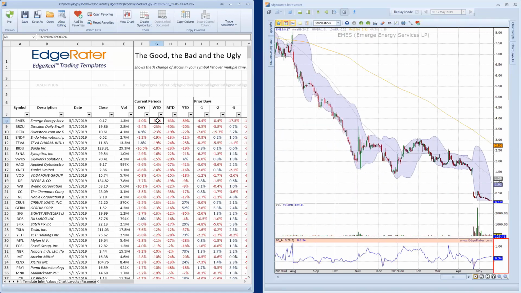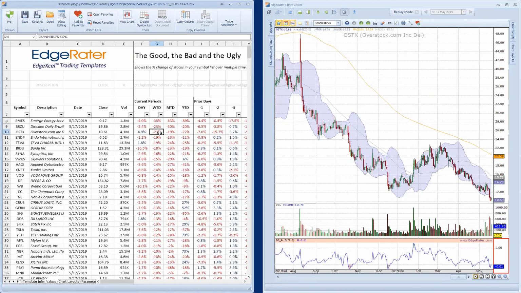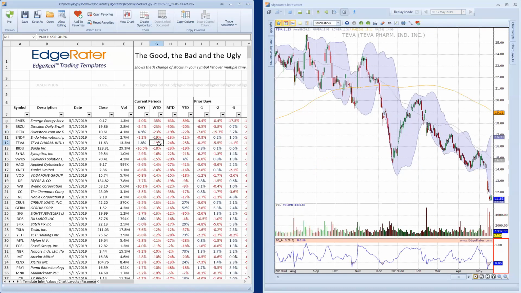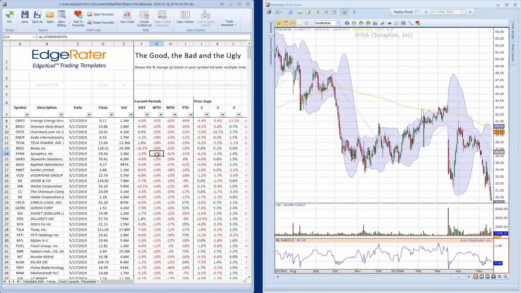So you've got EMES, you've got the ETF, which is the 3X bull on Brazil. Overstock is hitting new lows. Endpoint, Teva Pharmaceuticals, and so on. But interesting to take a look at that.